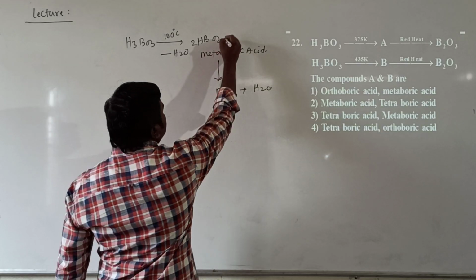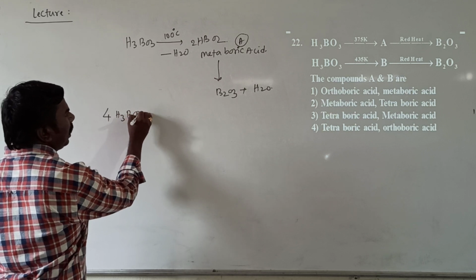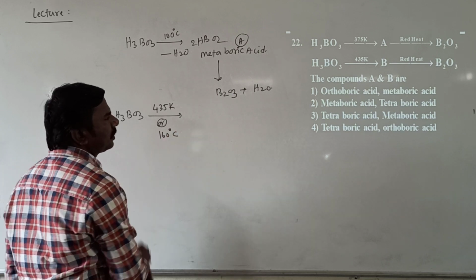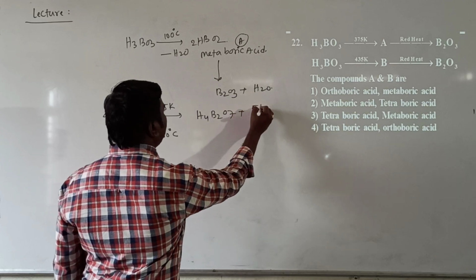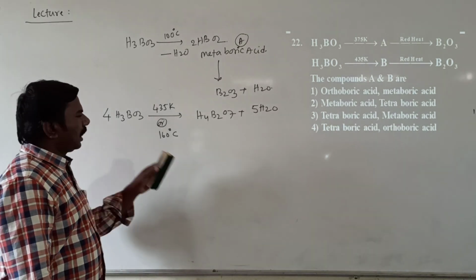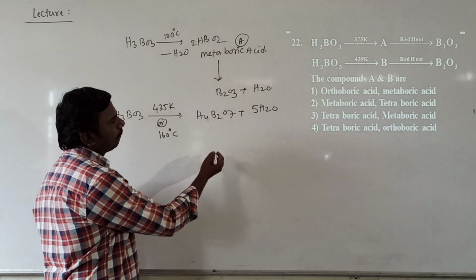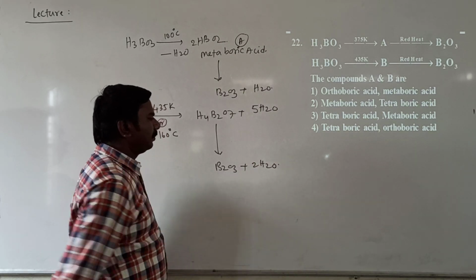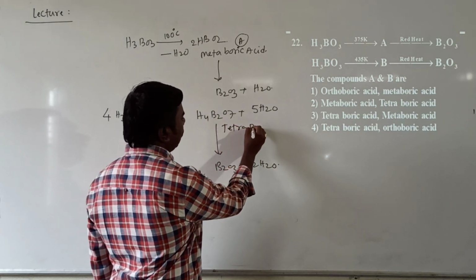This is A, metaboric acid. 4 moles of H3BO3 at 435 kelvins or 160 degrees Celsius gives H4B2O7 plus water. This is tetraboric acid.